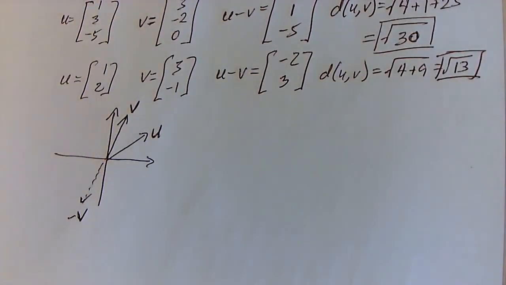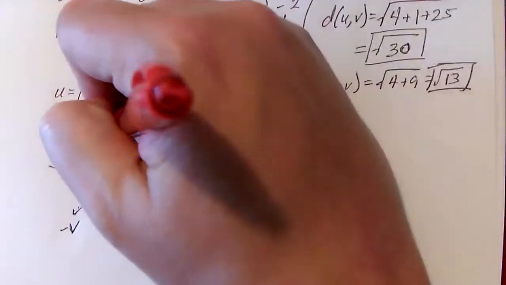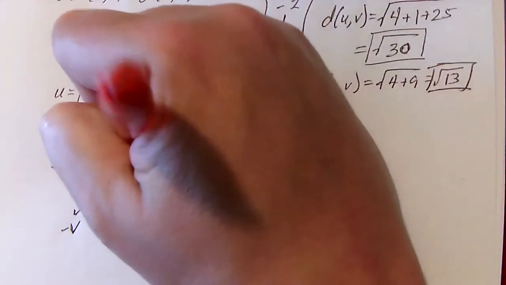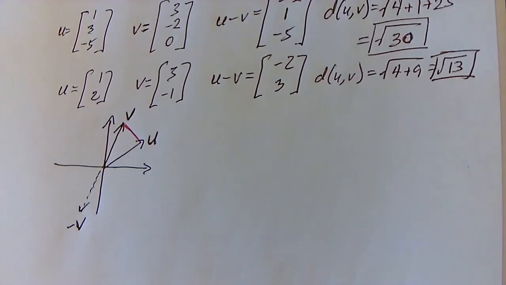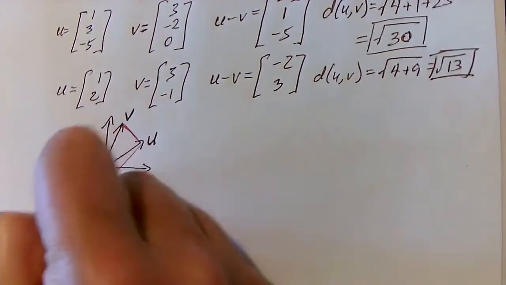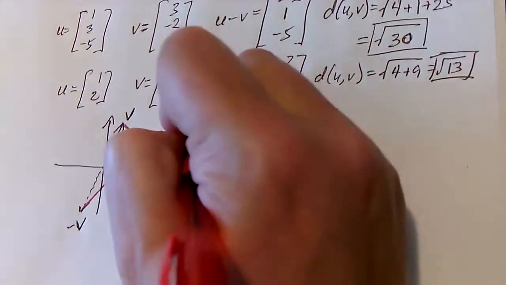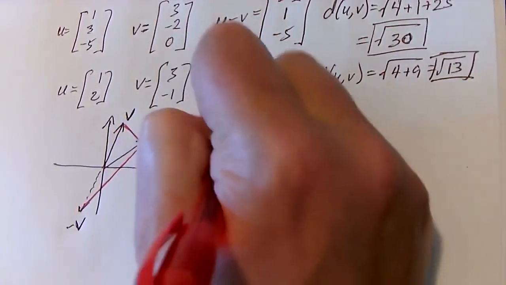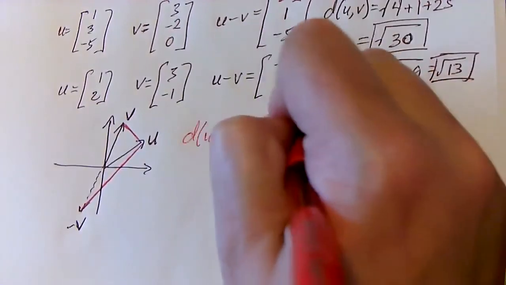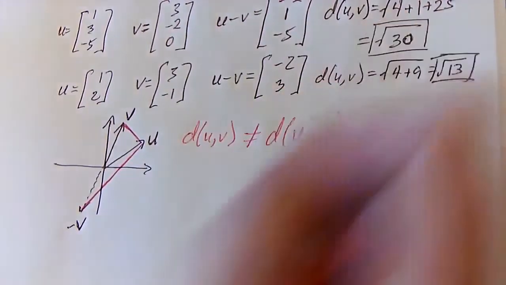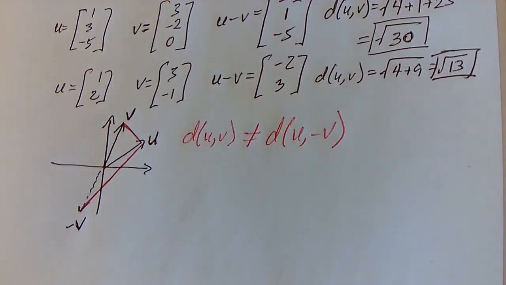So as I look at this space here, my vector negative v is clearly a lot further away from u. So the distance between u and v would just be across here connecting those points. But from u to negative v, it's much further. So clearly the distance from u to v is not the same as the distance from u to negative v. And why would that be important?